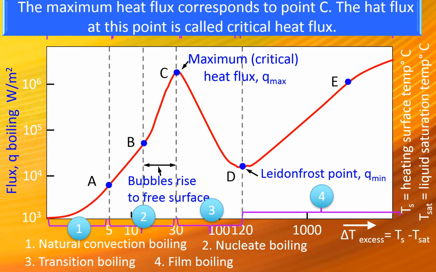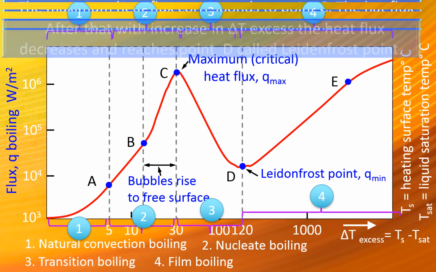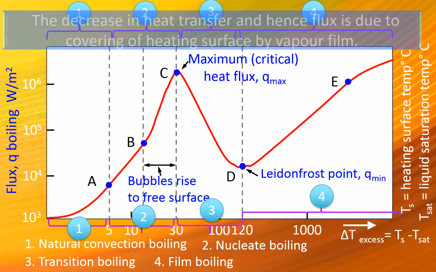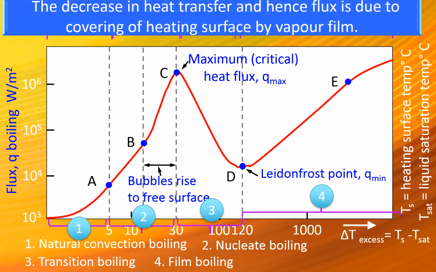The heat flux at this point is called critical heat flux. After that, with the increase in delta T excess, the heat flux decreases and reaches point D, called Leidenfrost point. The decrease in heat transfer and hence heat flux is due to covering of the heating surface by vapor film.